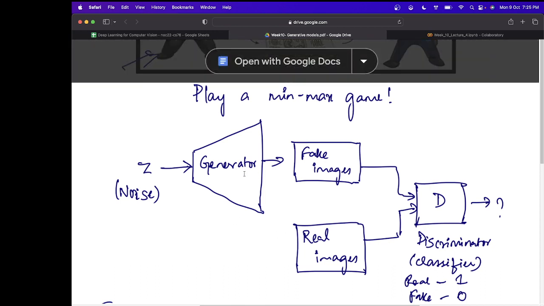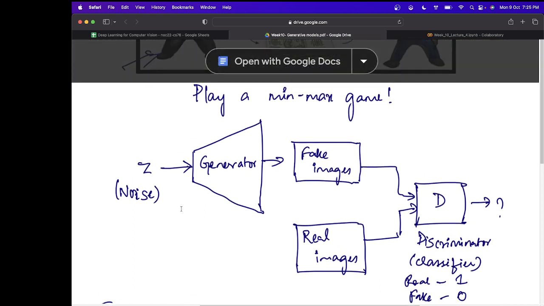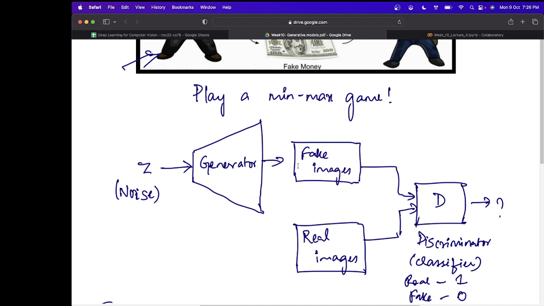So how does the GAN model work, the principle behind the GAN model? It works in this way: you have a generator, which basically learns a mapping from a noise distribution to some distribution in the image space, right?